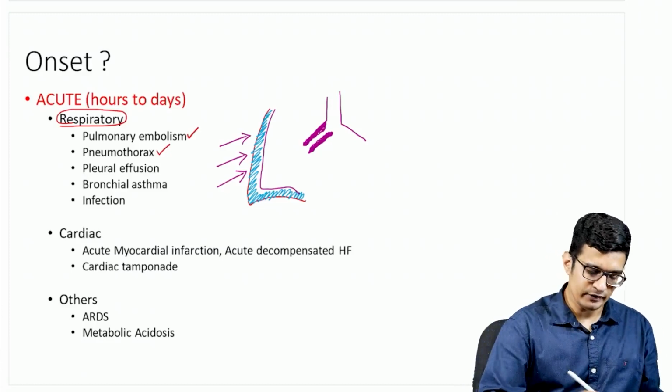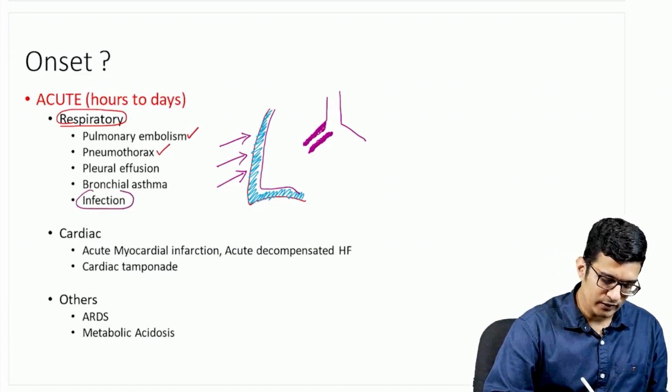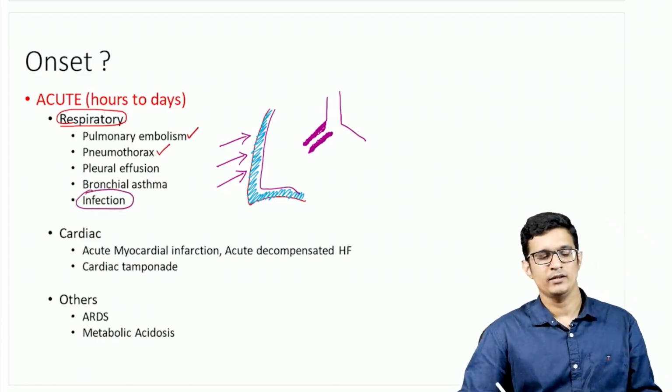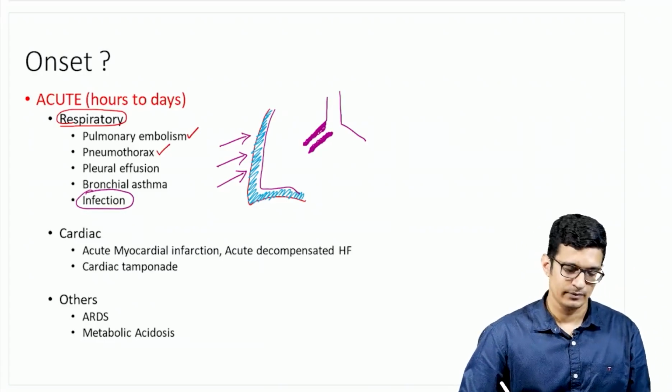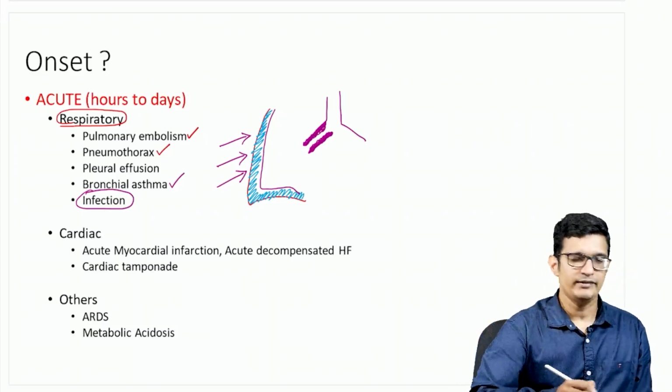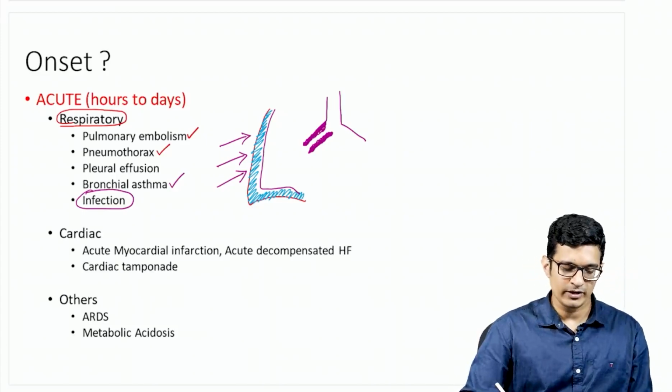An infection and a pneumonia leading to impaired ventilation is another cause of acute onset breathlessness. Now, bronchial asthma is another condition which can cause acute onset breathlessness.